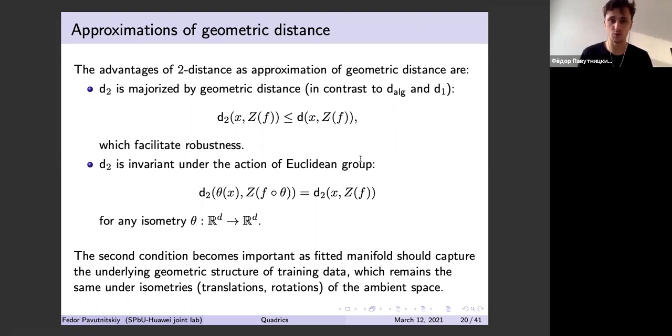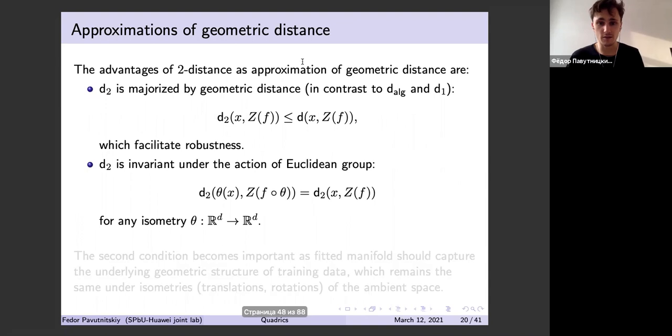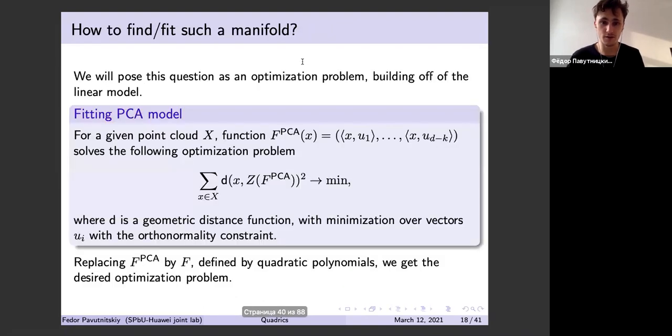Now let's switch to the optimization constraints. Let's recall that in the linear case, we have some orthonormality constraints on coefficients, right? We need some constraints on the coefficients of this vector, such that, for example, we will not have all coefficients equal to 0.